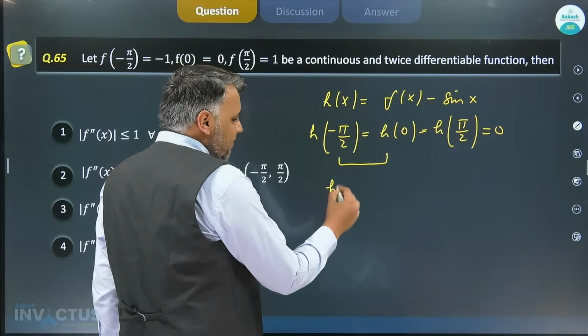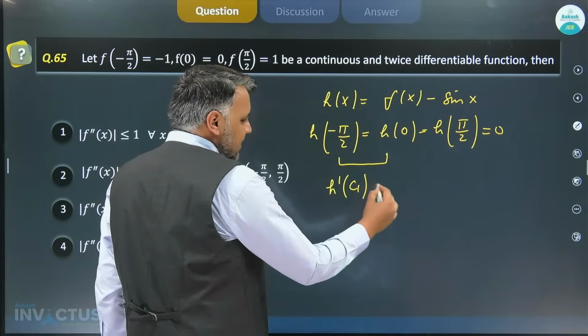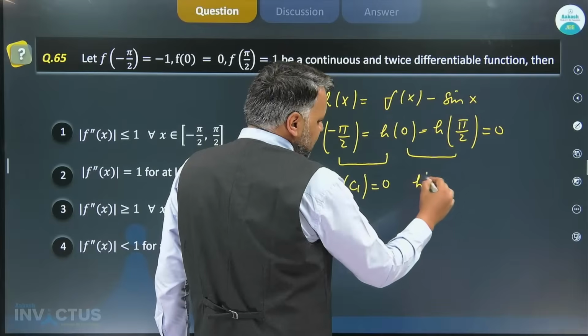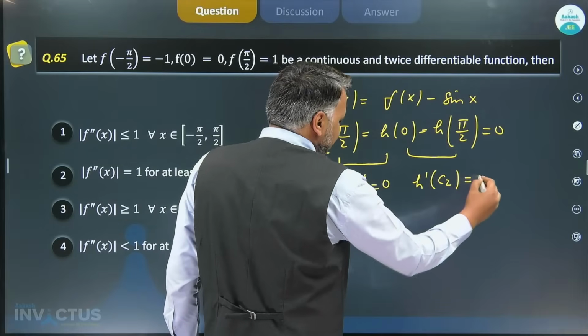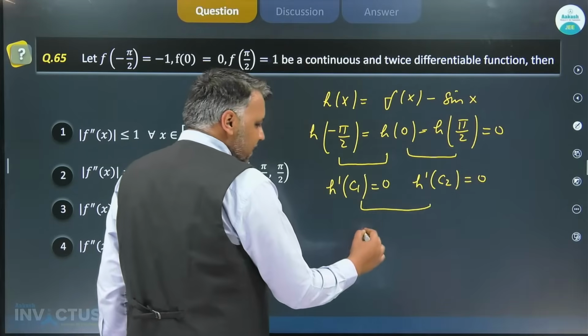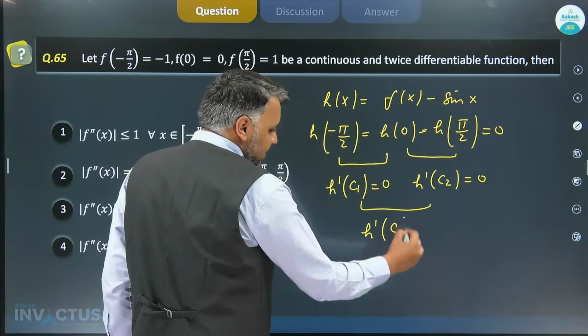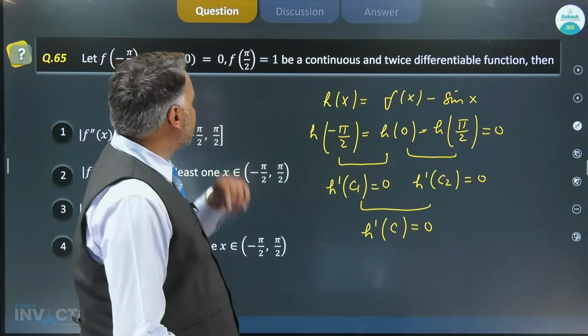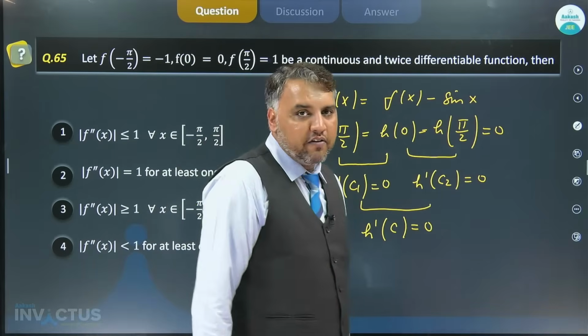So we can say there will exist at least one point C1 such that h'(C1) will be 0. Similarly here we can say h'(C2) will be 0. And again by applying Rolle's theorem, we can say h''(C) must be 0 between C1 and C2, I mean in the open interval -π/2 to π/2.